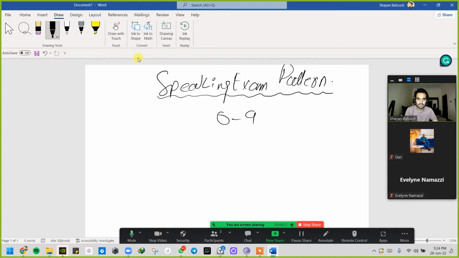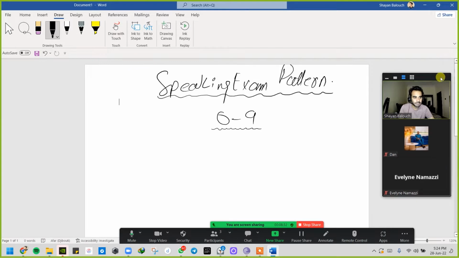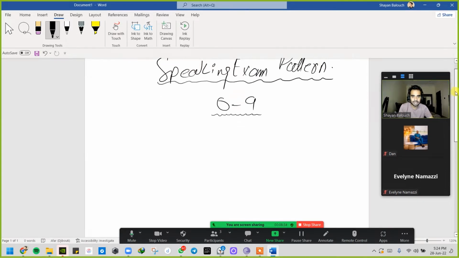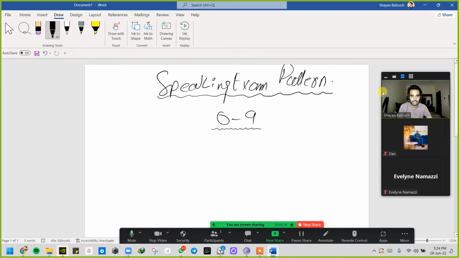A score inclining to 0 is something that we don't want, but increasing towards 9 is something that we want, right? Going further, this test is based on three different parts, all right? There are three different parts.